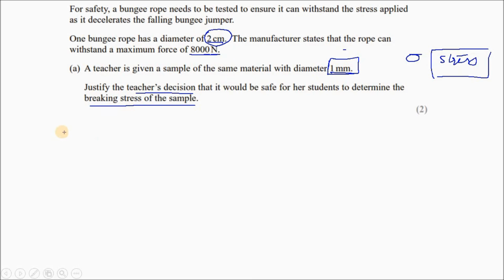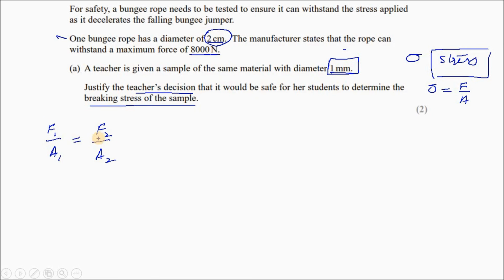So you say that, of course, sigma is F upon A, force upon area. So clearly you can say that F1 upon A1, which is the stress of sample 1 or original, should be equal to F2 divided by A2.